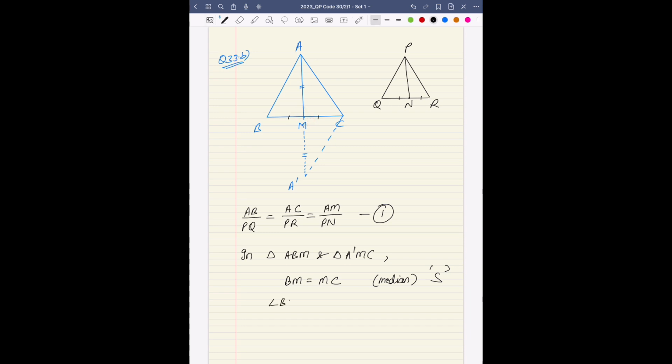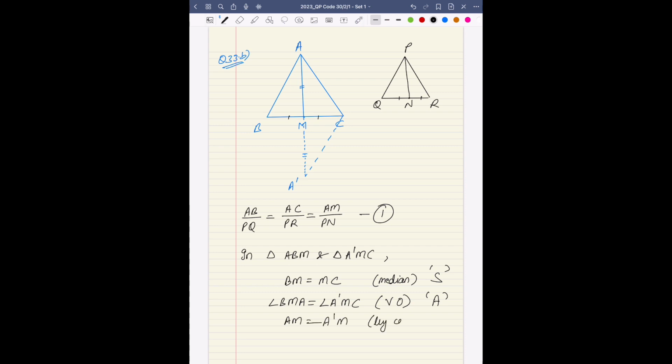Angle BMA is equal to angle A dash MC. Why? Vertically opposite. So the angle is also equal. Remember, it has to be the included angle. Which is the included angle? So this side and this side. You can clearly see that they are equal by construction. So AM is equal to A dash M, by construction.